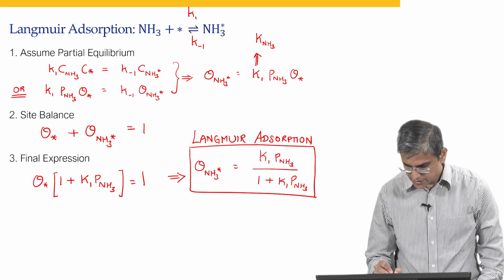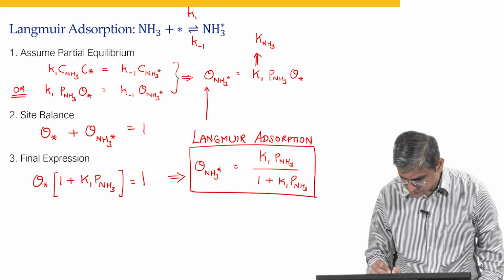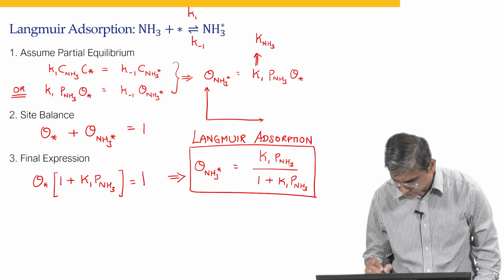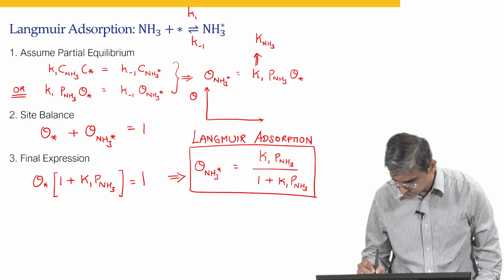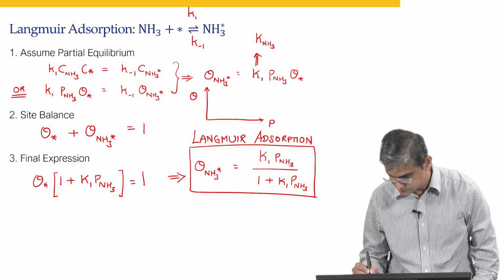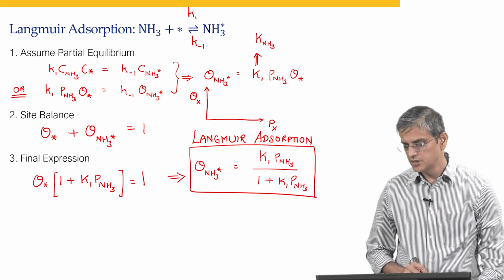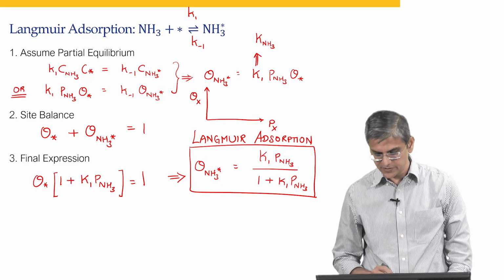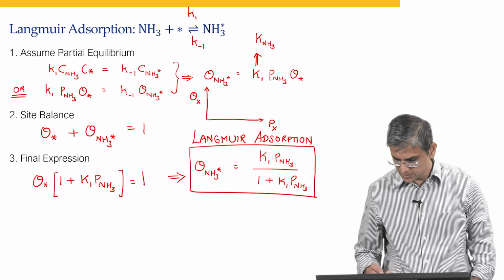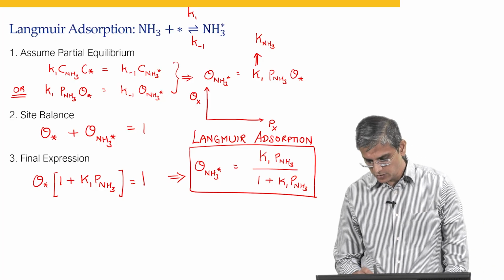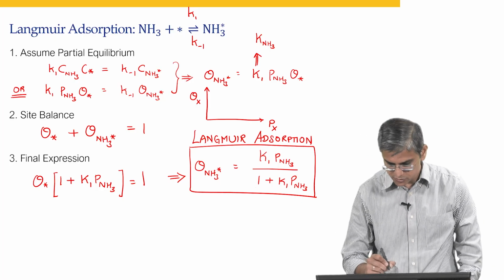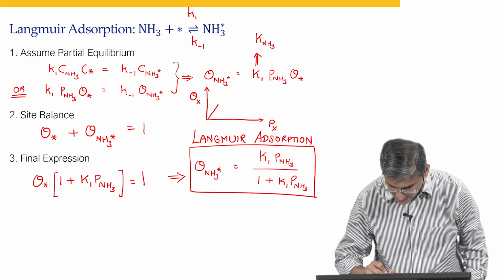If we were to plot theta X versus pX, at very low values of p, 1 is much greater than Kp, so you will get a linear relation.